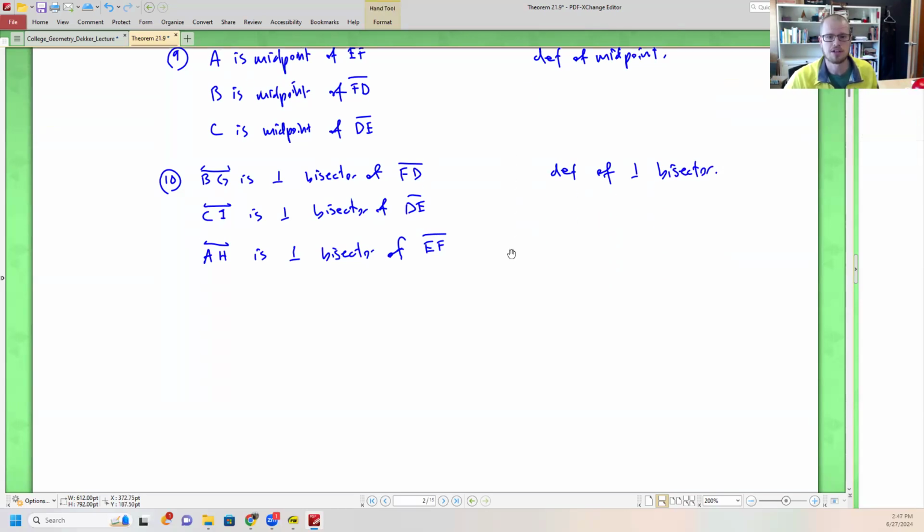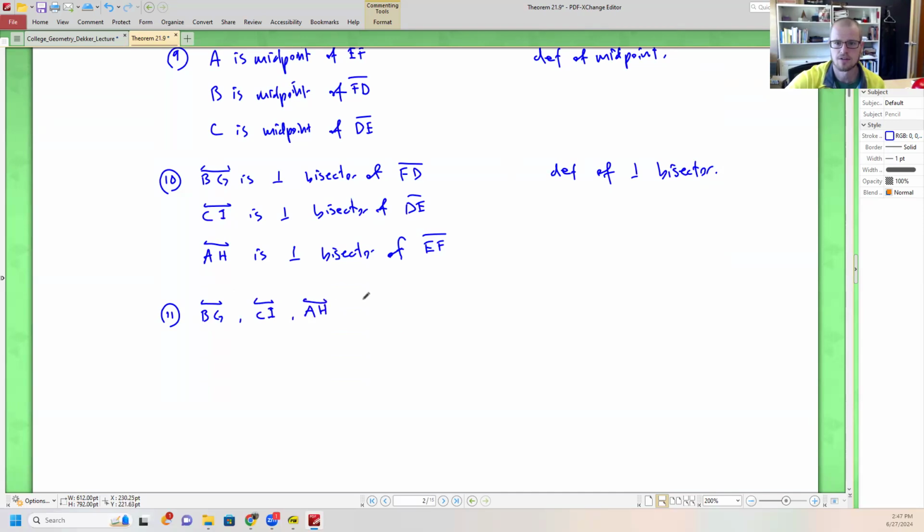We're pretty much done. At this point, we can conclude that the desired lines BG, CI, and AH are concurrent. We know that they are, right?